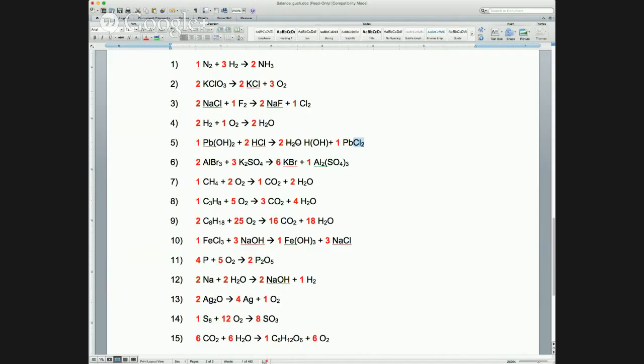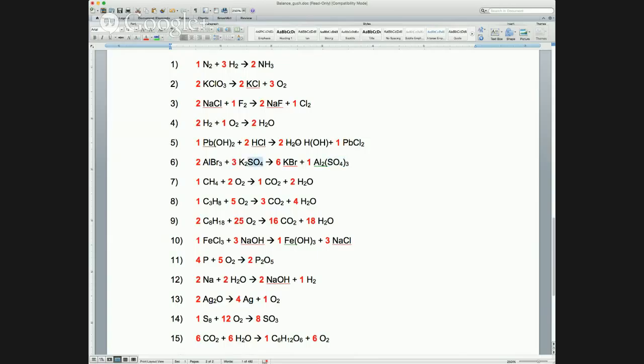And remember, we are not only balancing that way so that the H's and the OH's are separate, but I would also say that you're balancing by polyatomic ion, which plays in very nicely to number 6. It's huge. How easy is it to say SO4 is 1 unit? There are 3 SO4s over here, so I have to put a 3 out in front for these 3 SO4s.